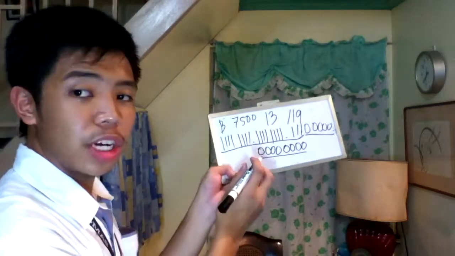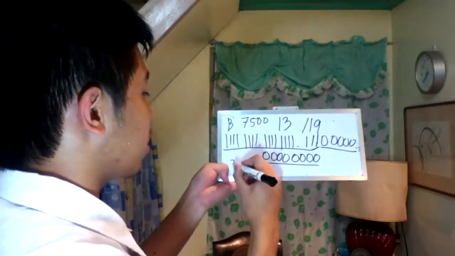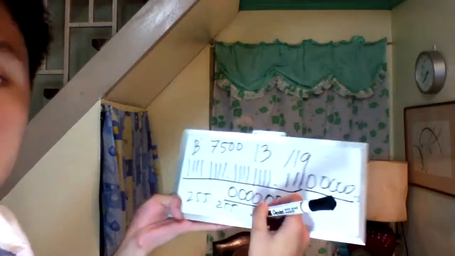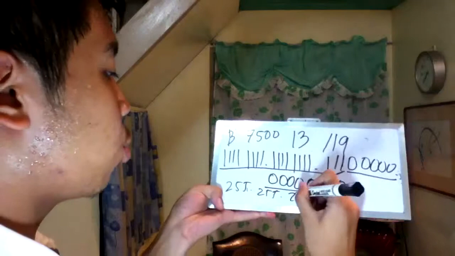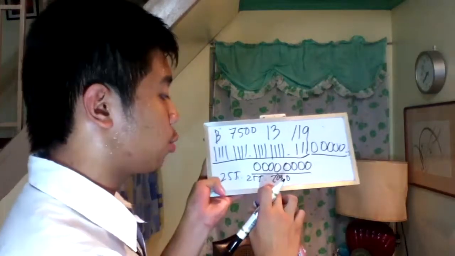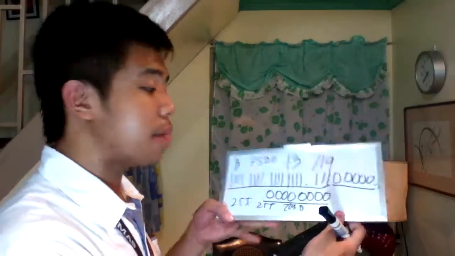So in decimal notation, this would give us 255.255.224.0. So 255.255.224.0 is the subnet mask for network B.